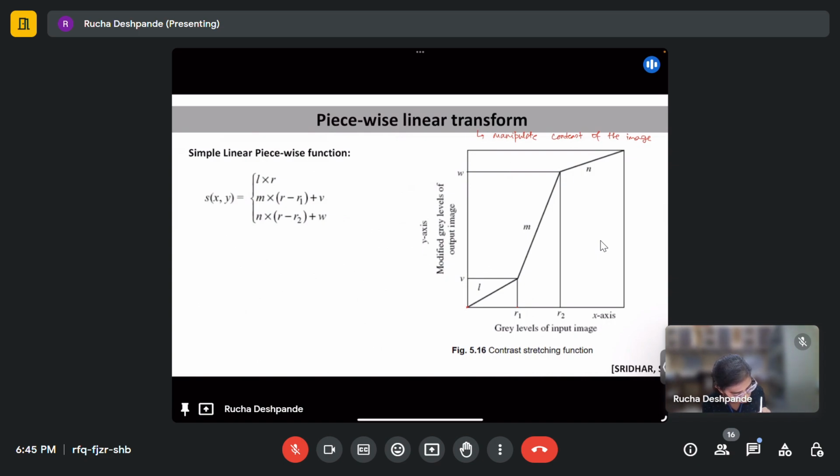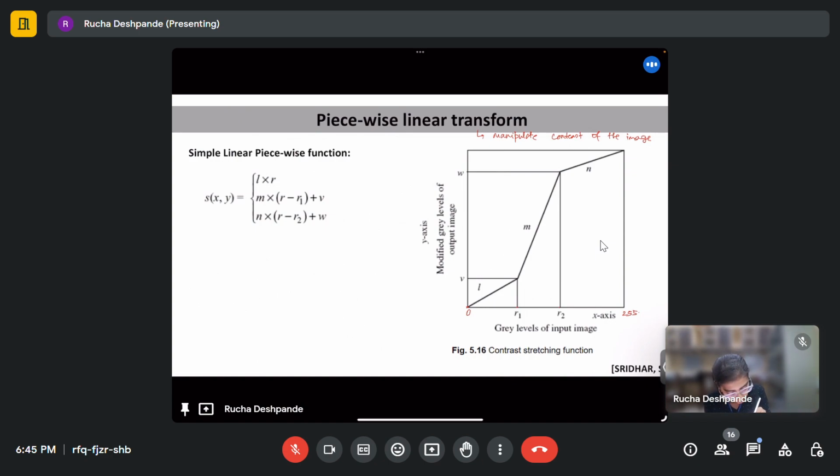So r1, r2. Suppose this is an 8-bit image, then it will be from 0 to 255. So we split it into different parts, and then within each range, the output image will be mapped differently.